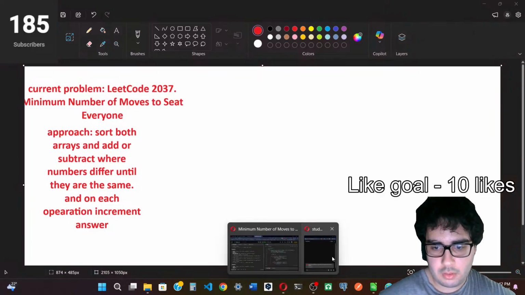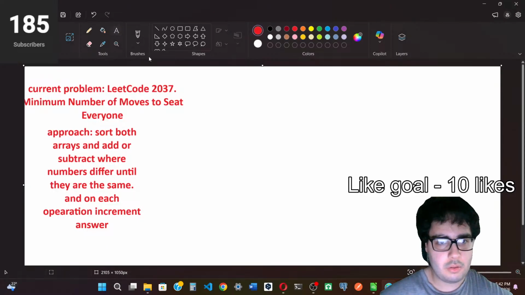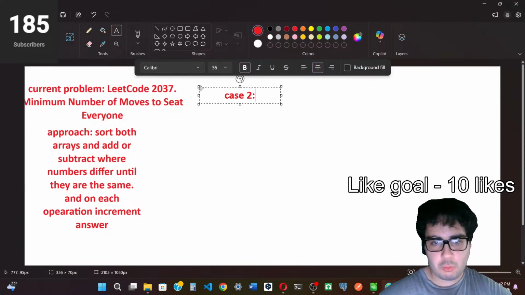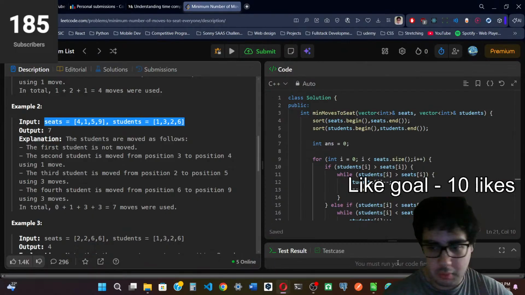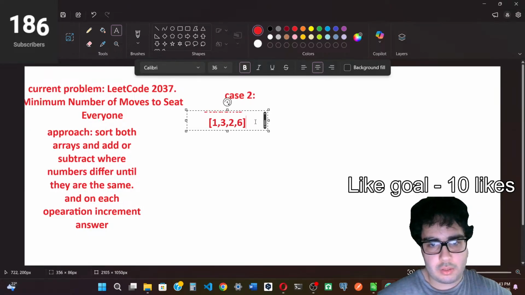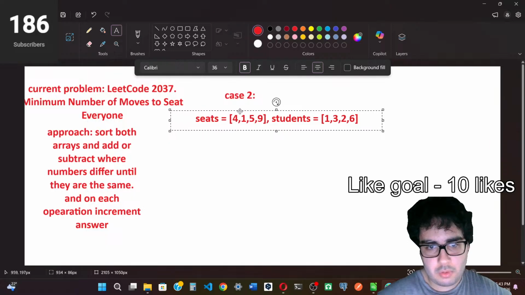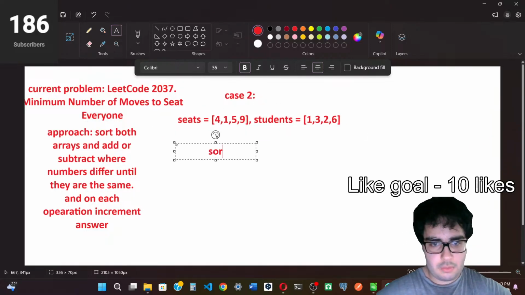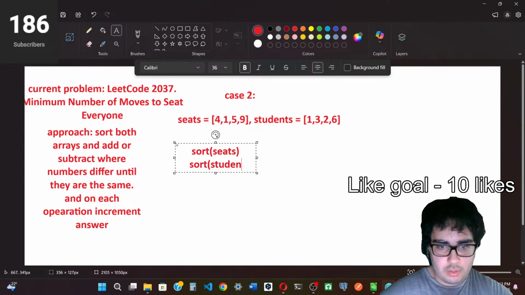So in case 2, we have seats, and then we have students again. So we're going to sort seats, and we're going to sort students as well.